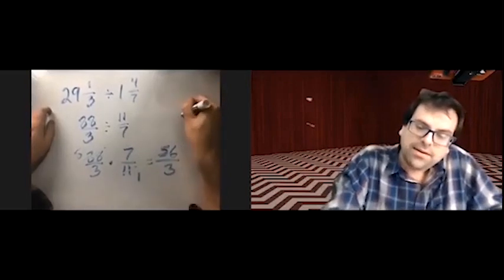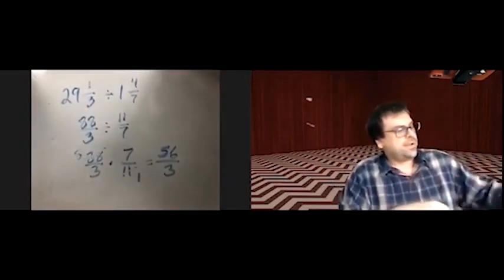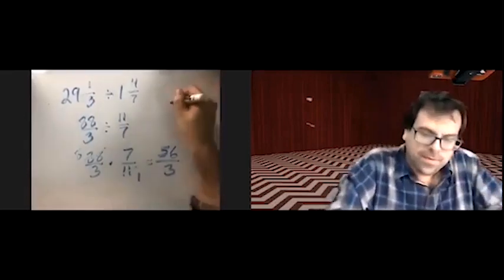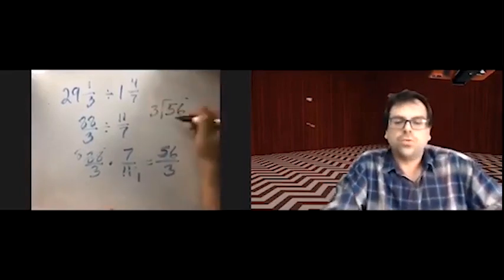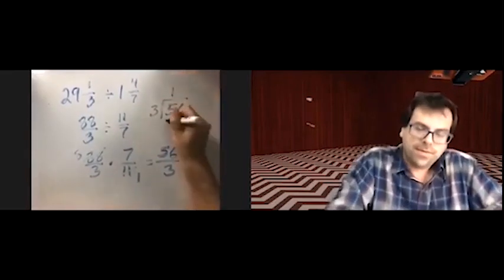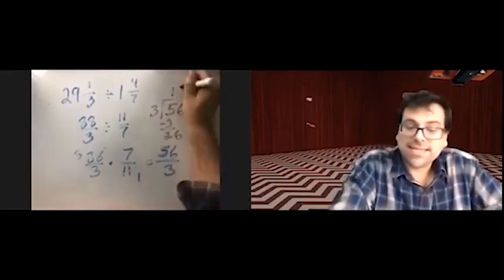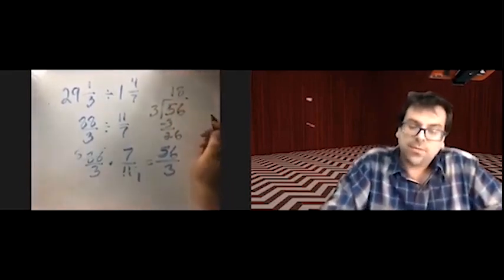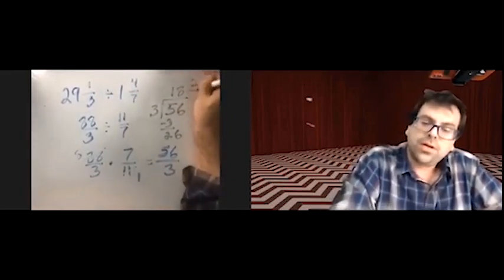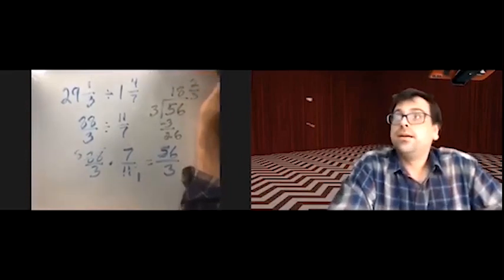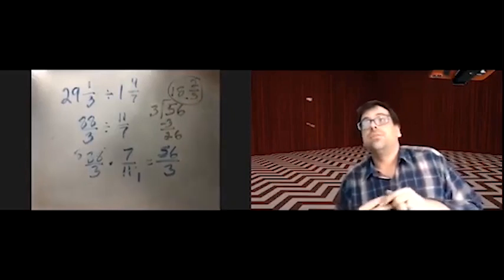So we divide 56 by 3. 3 goes into 5 once. 3 goes into 26 8 times. And when we subtract 24, we get a remainder of 2 that we put over 3. 18 2/3 would be the answer here.